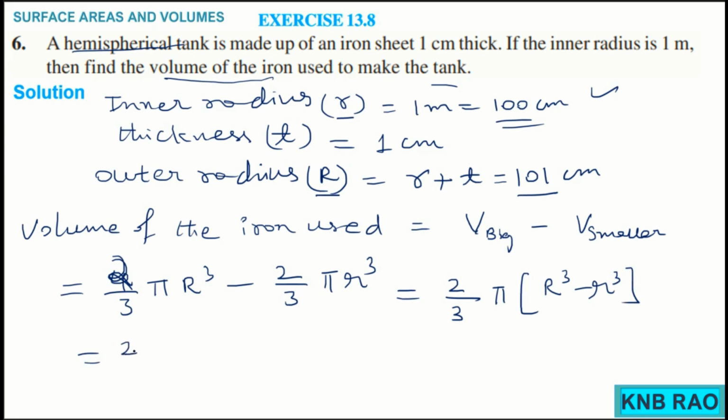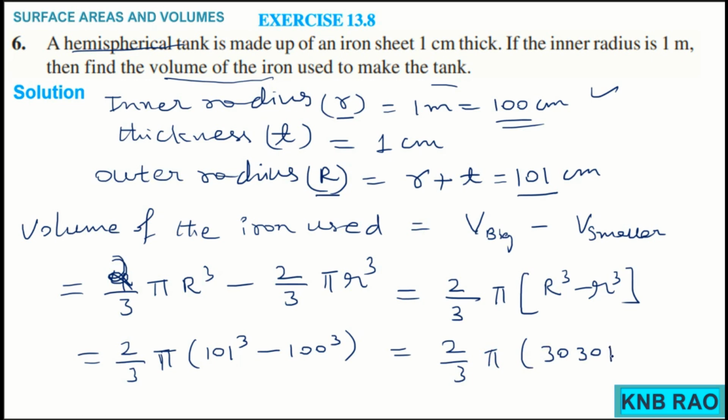Just substitute the values: 2 by 3 into pi into 101 cube minus 100 cube. If you find 101 cube minus 100 cube, you will get 30,301 as the difference.